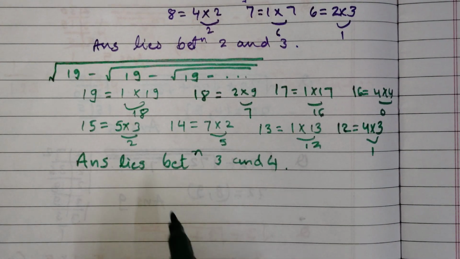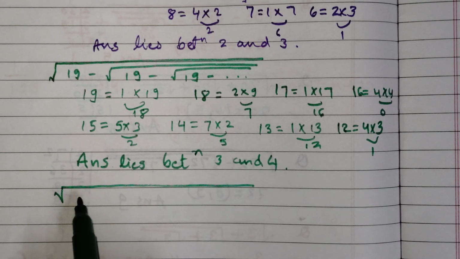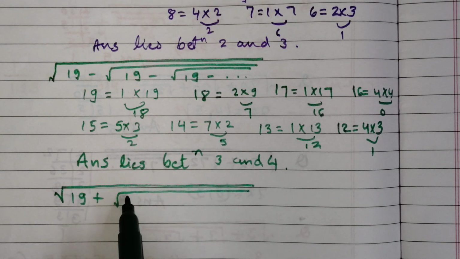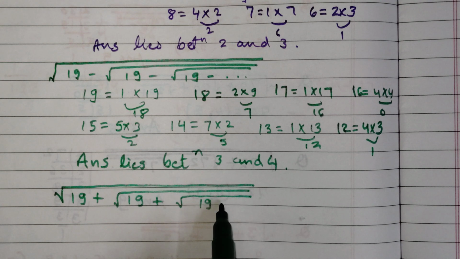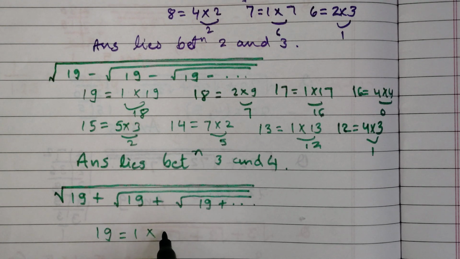Next question is, if there is a positive sign in the square root, 19 plus square root 19 plus, and so on. In this case, what do we do? We take 19. It has two factors, 1 and 19.